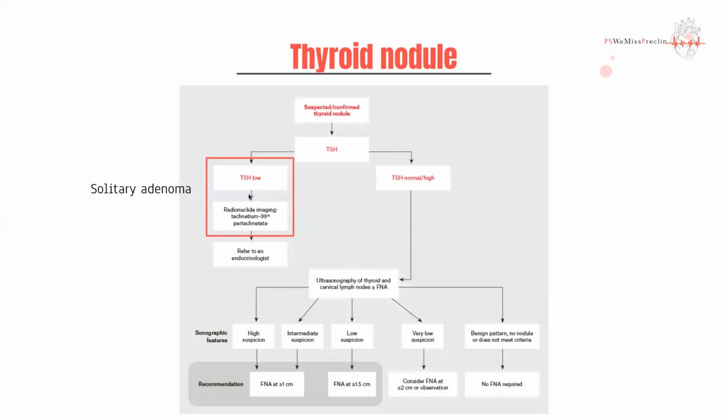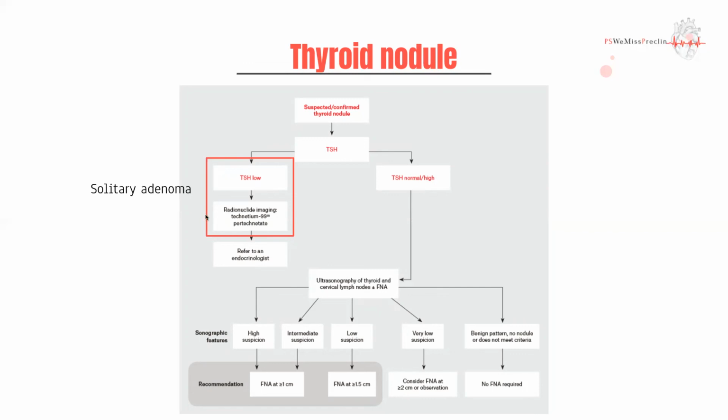So when it comes to assessing thyroid masses, firstly, you want to do a TSH. What we look for is a low TSH, which is reassuring because this would probably mean that this nodule is an active nodule. The thing we're worried about whenever you see a thyroid nodule is, is this cancer? And you need to know that most cancers are non-secretory, which would have a low, a normal or even a high TSH.